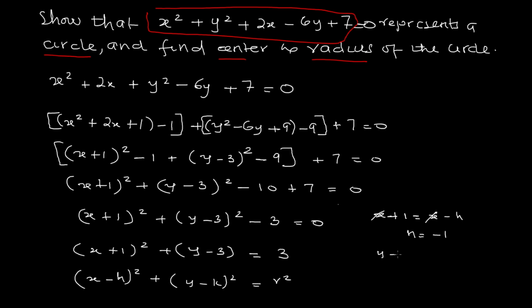I can do y minus k is equal to y minus 3. These two cancel out, and then the negatives take care of themselves. Then we'll have k is equal to 3, right? Then the other one, sorry, I'm doing it this side, is r squared is equal to 3. We said we apply the same concept on both sides. So we have r is equal to root 3. That's the radius.